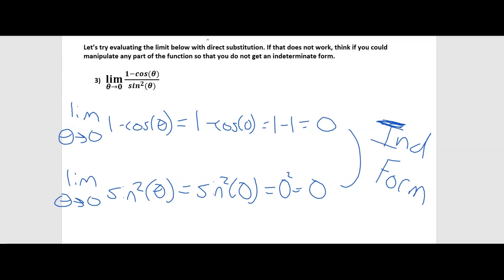See if you can get a sine of theta in the denominator and a sine of theta in the numerator, or a 1 minus cosine of theta in both the numerator and the denominator. Is there a way for us to manipulate that expression to where we can do some simplifying so that we won't have an indeterminate form when we go back and try to substitute? So pause the video, take a shot at that.